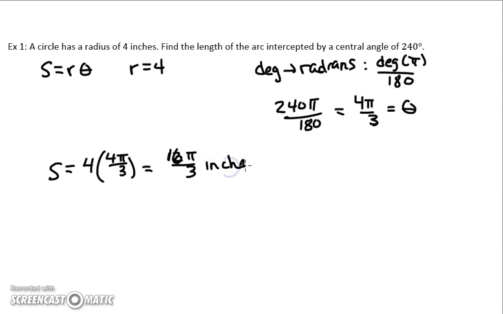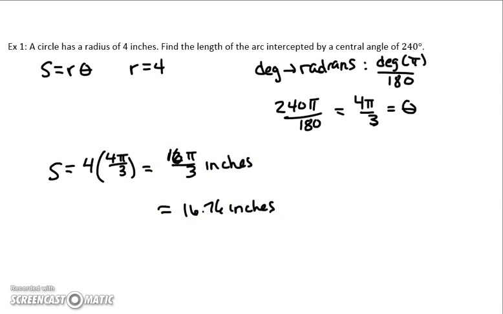Because our units from the beginning were inches. If you wanted to, you can put that into a calculator, and it's approximately equal to 16.76 inches. Which makes a little bit more sense realistically than 16 pi over 3. But that's how we're going to get our arc length.